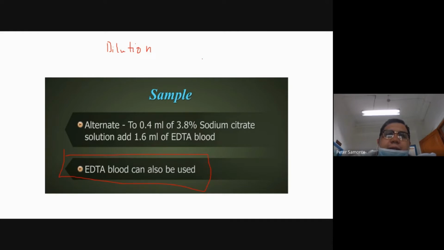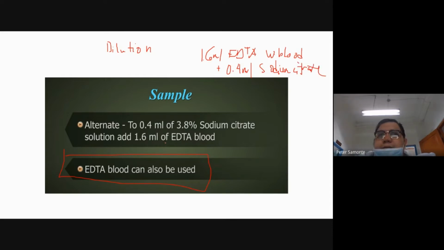So 1.6 ml EDTA whole blood plus 0.4 ml sodium citrate. So yan yung possible na dilution na pwede niyong gawin.